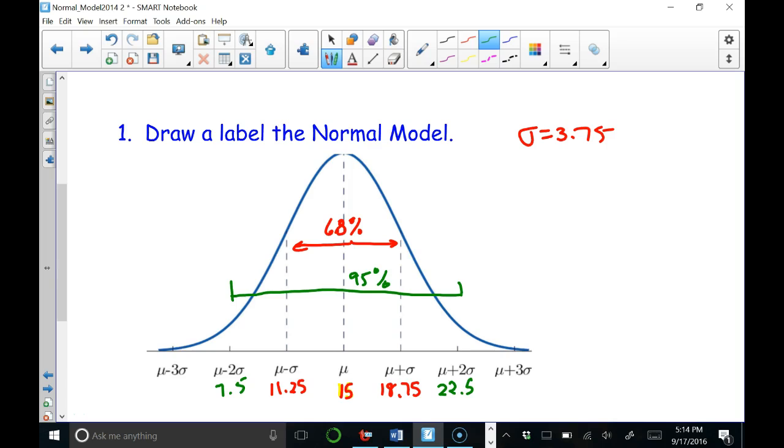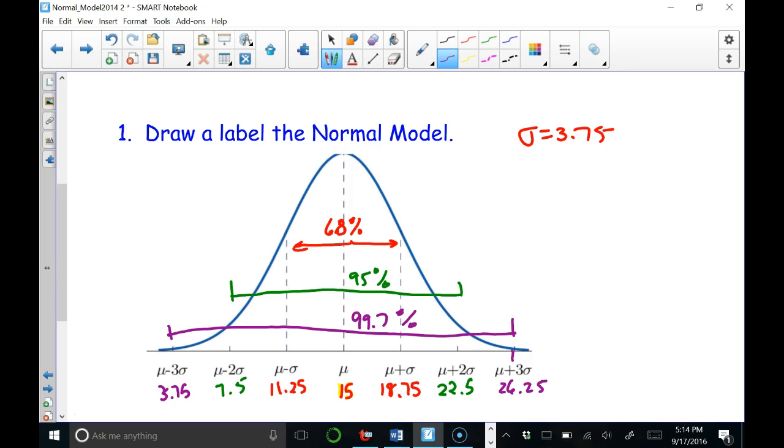And if someone is incredibly, incredibly good, we would go out 3 standard deviations, which if I add another 3.75, I would get 26.25. And on the other side, I would get 3.75. And if I go out those, I should have hit 99.7% of the scores of the people playing that game.